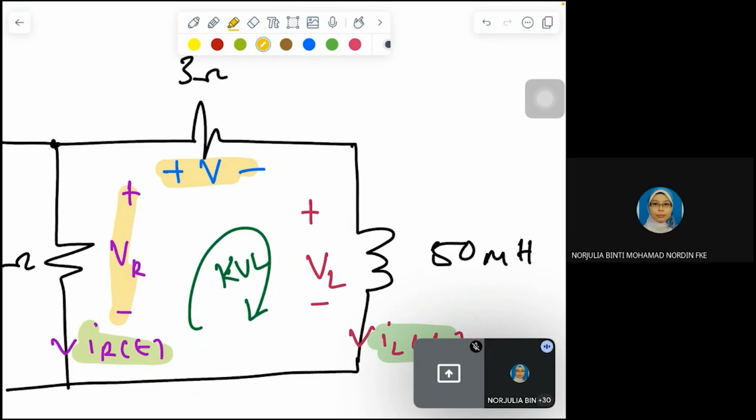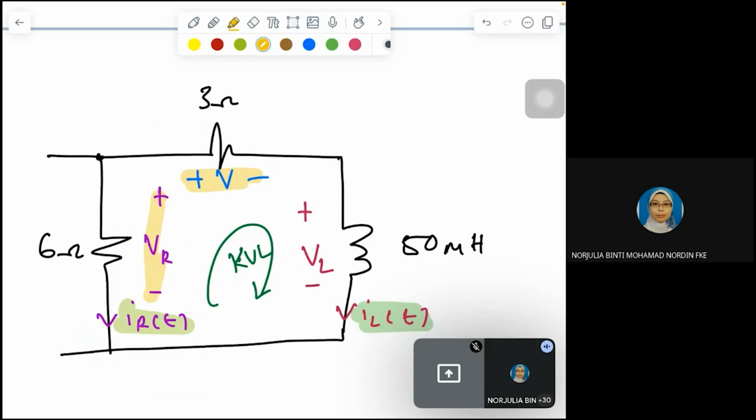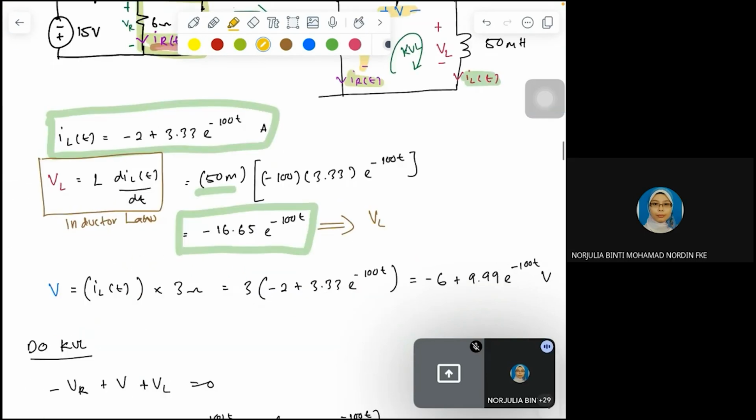In other words, your 3 ohm resistor will have the same current as your inductor. So from there, we calculate our V by just using Ohm's law, I times R. And finally, this is the equation of your V.